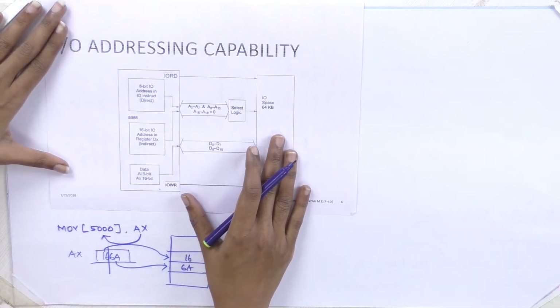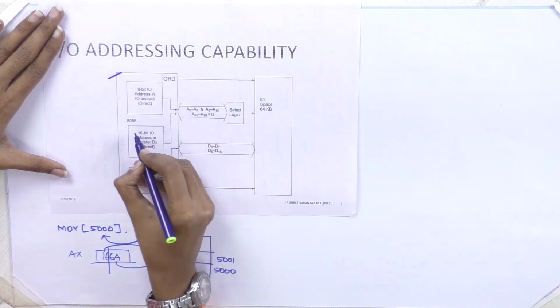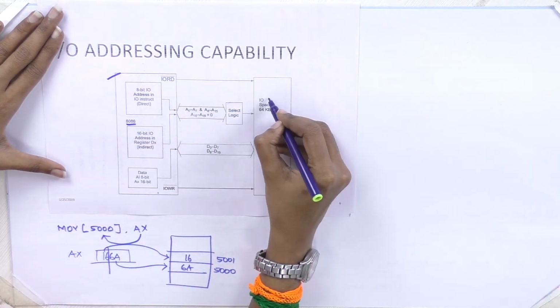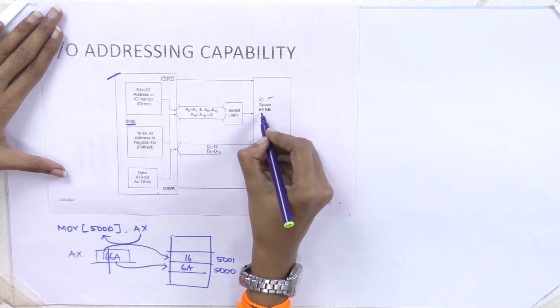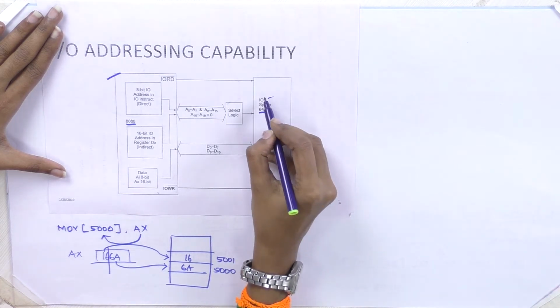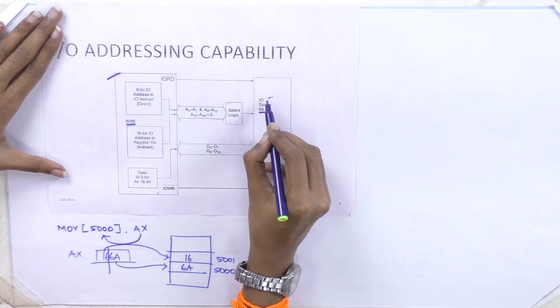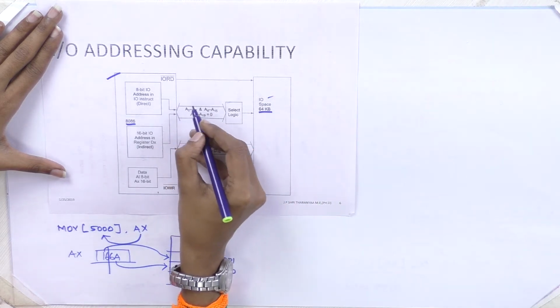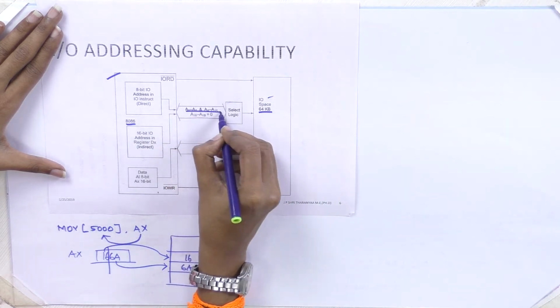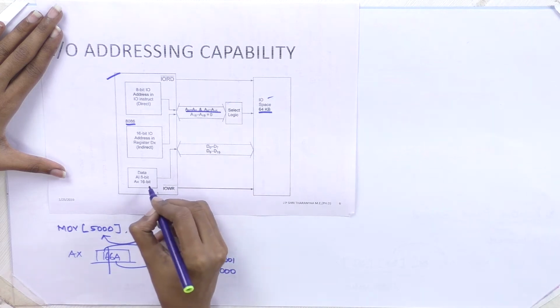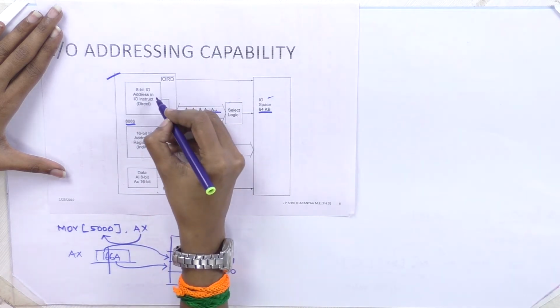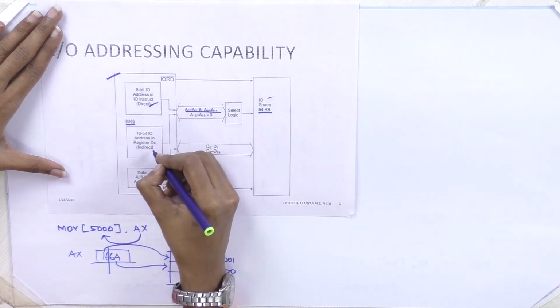This is your 8086 microprocessor, and this is your I/O space, which is 64 kilobytes. You can address this I/O space by using a 16-bit address or a 20-bit address. The 16-bit address can be used as direct or indirect.